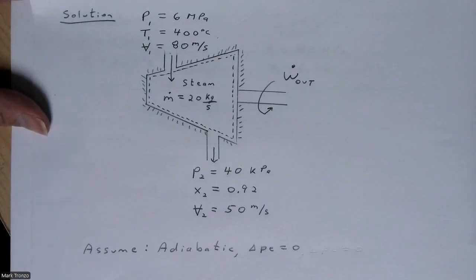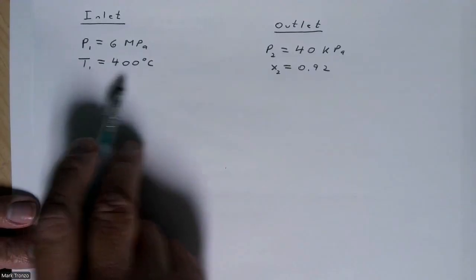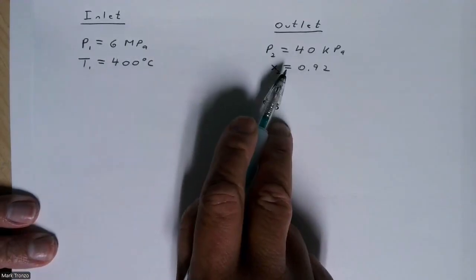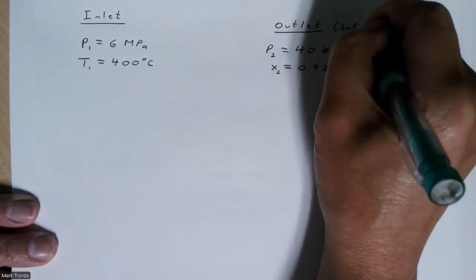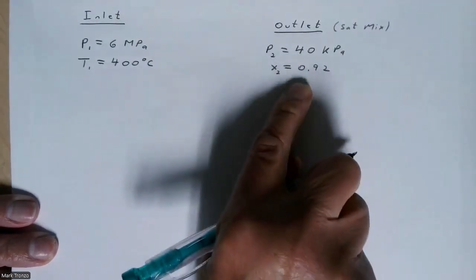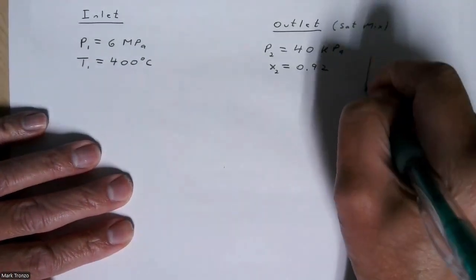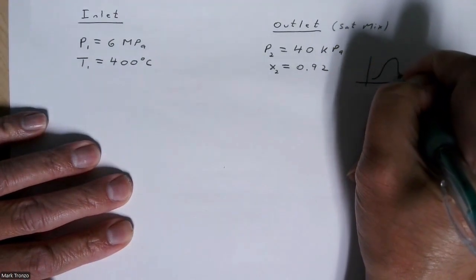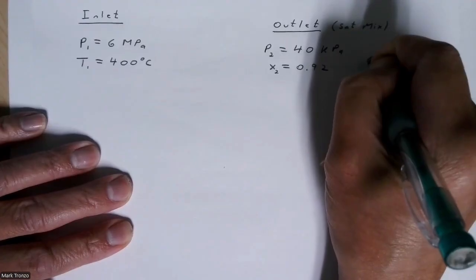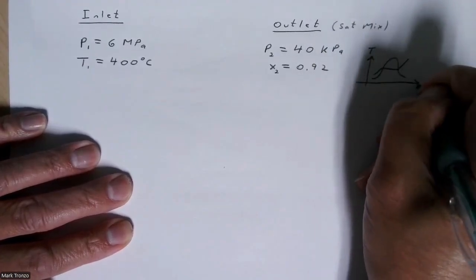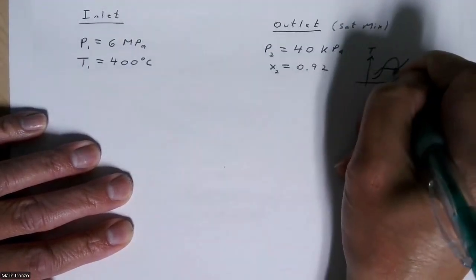So let's take a look at the conditions. The inlet conditions are this, and the outlet conditions. This is a saturated mixture because we're given a quality. And that's kind of indicated on a TS diagram, for example, we're probably about out here at 92%.